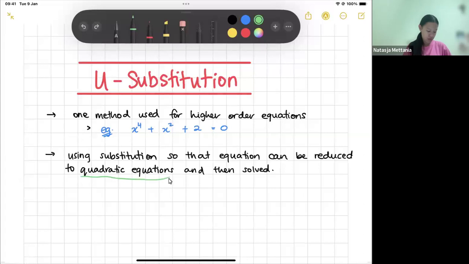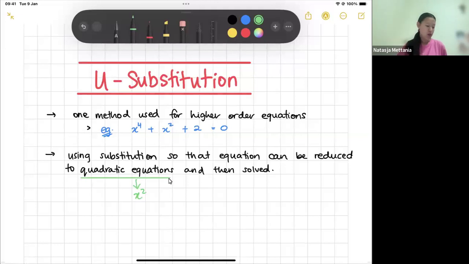The reason why I do that is very simple. Quadratic equations have many methods for me to solve for x, right? Completing the square is one, the quadratic formula is another, and last is PSF. So it has many methods compared to a higher order equation.